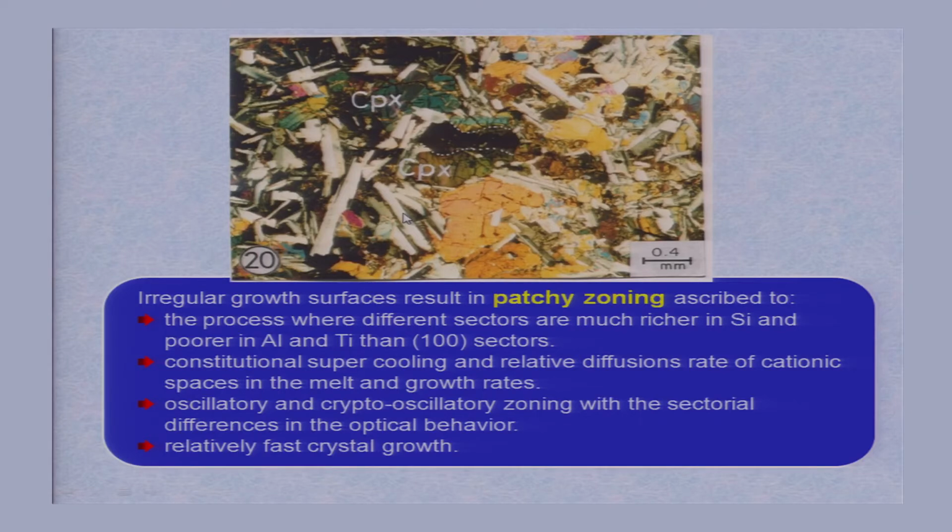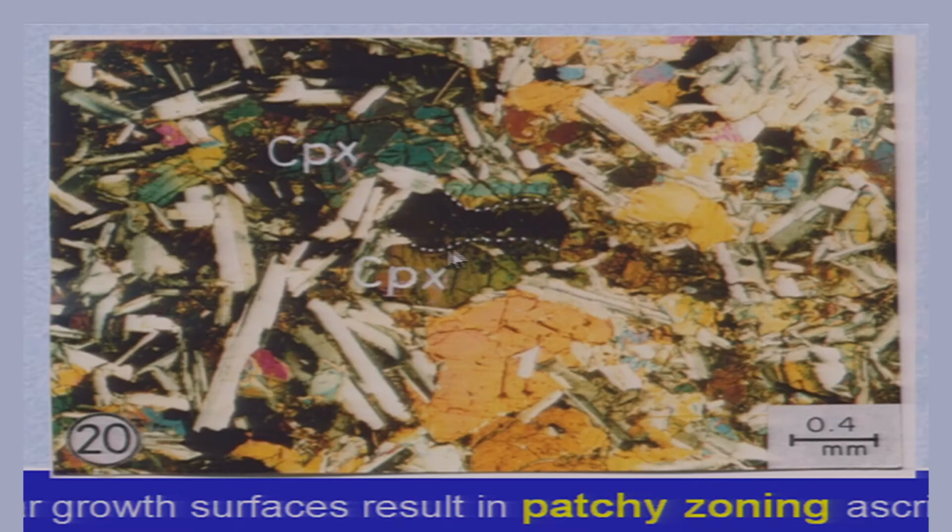Second, irregular growth surfaces result in patchy zoning. This is a patchy zoning. See my cursor carefully, this white dotted line covering the black portion is showing the patchy zoning. When you rotate the stage, this becomes gray and this becomes black.